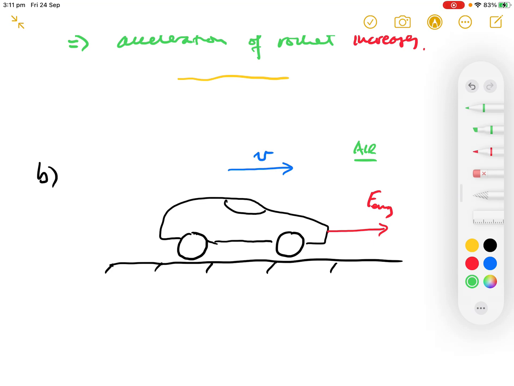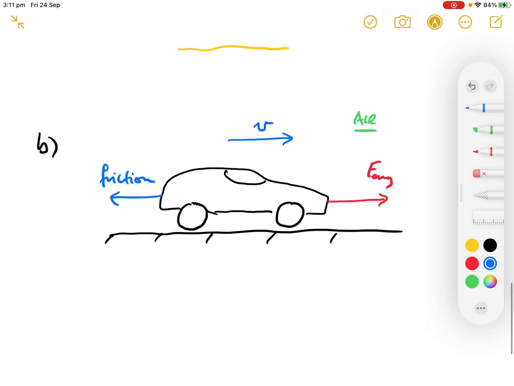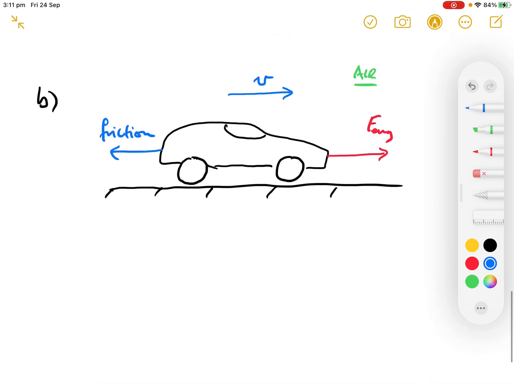And the air reacts by pushing back on the car and opposing its motion. And of course, that's what we call air friction or drag. I'm just going to call it friction here. It's mainly air friction, but there's also friction in the wheels turning, because any moving part encounters friction.